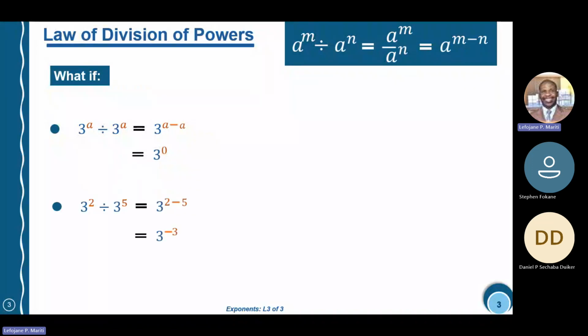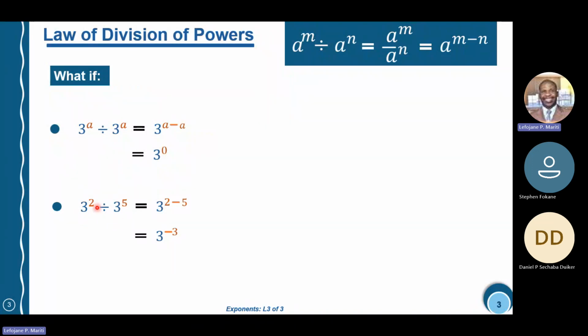Secondly, the other question that was posed, which will be the second part of the response in this lesson, was that of dividing 3 to the power 2 by 3 to the power 5. In this instance, as you can see on the screen, the exponent 2 is now smaller than 5, whereas previously we started with 3 to the power 5 divided by 3 to the power 2.